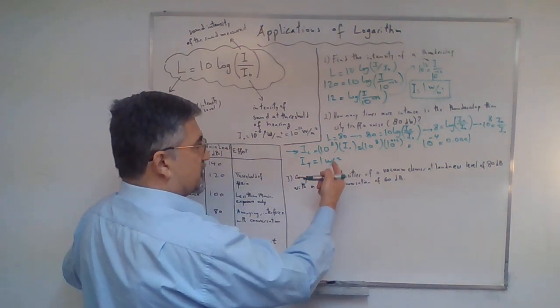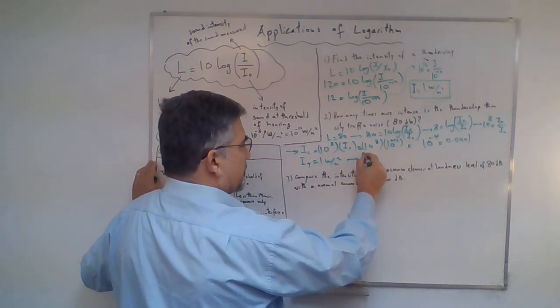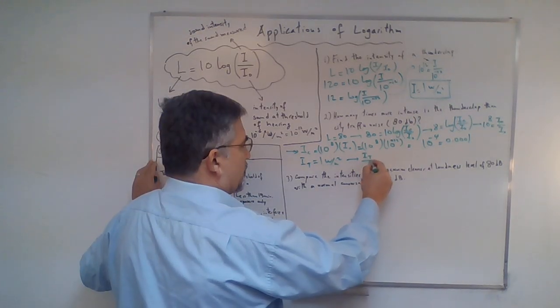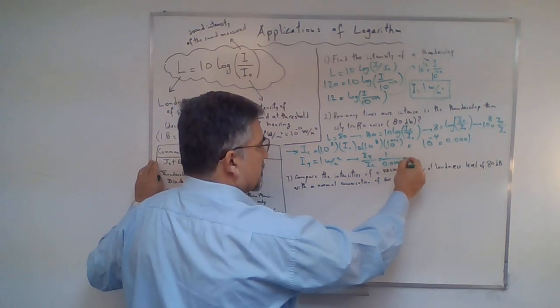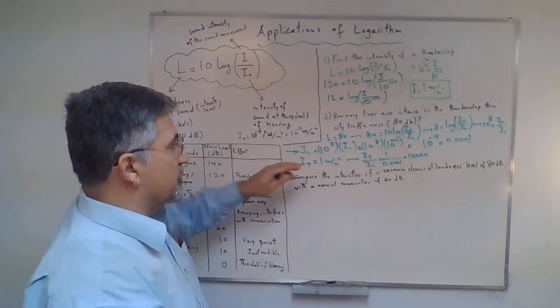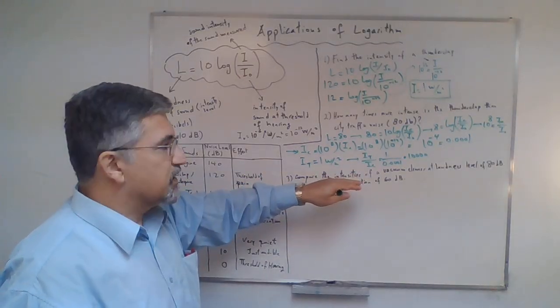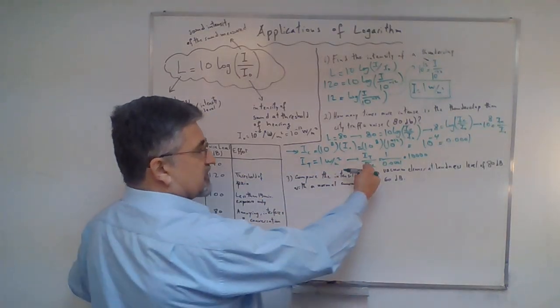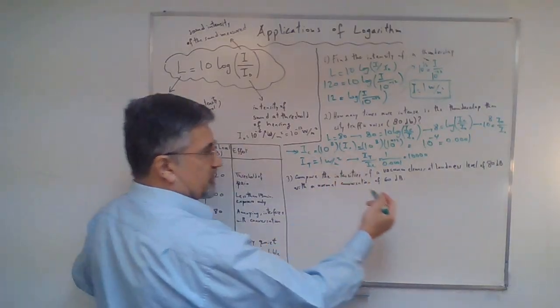And when you compare this with what we just counted, the I sub C, if you take the ratio, so I sub T over I sub C is 1 over 0.0001, and that is, of course, 10,000, which means that the sound intensity of the thunderclap is 10,000 times as intense as the sound intensity for the city traffic noise.